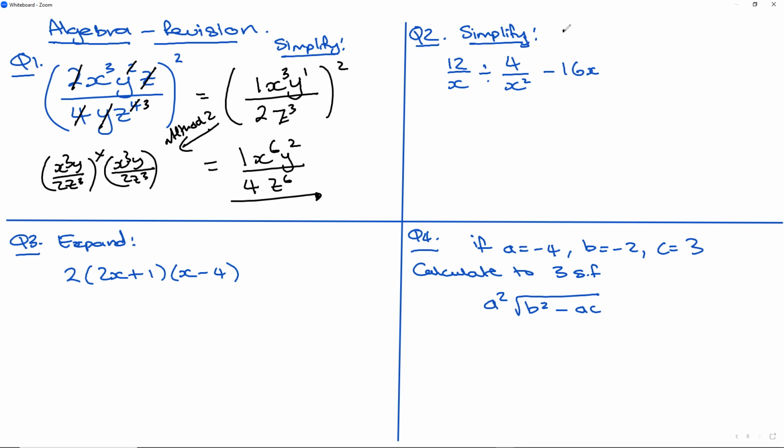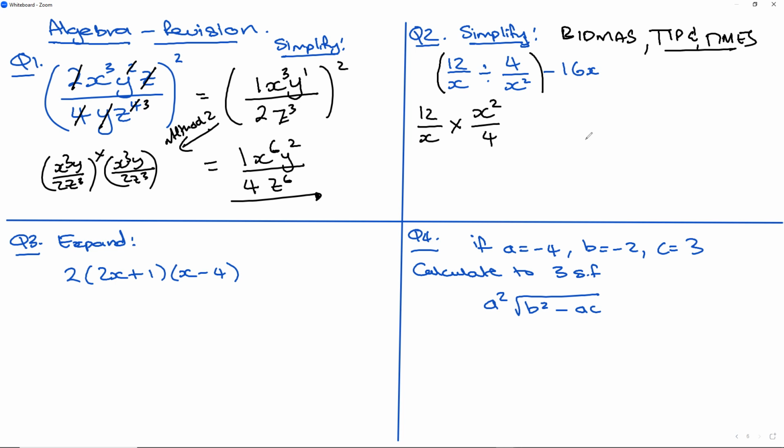Question 2, simplify the following. We've got to think about some division. So 12 over x is going to multiply by x squared over 4, and that's going to be flipping the right fraction over and multiplying it.